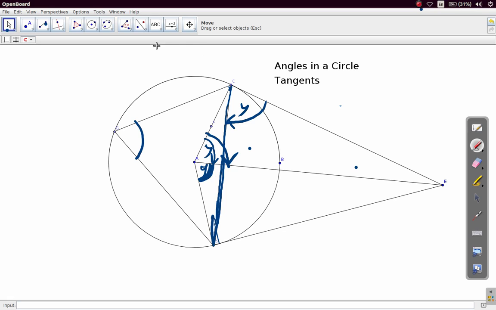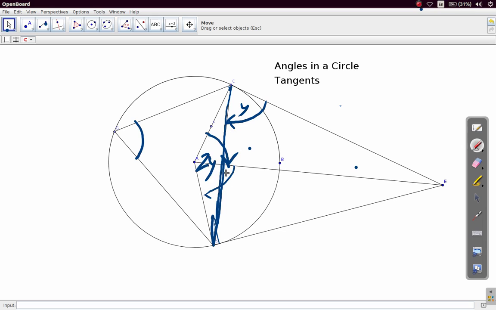So it is 2y, right? So we have angle y up here, and if we continue to the next radius, you have y. So it is y plus y, which is 2y. So let's just call this 2y then.